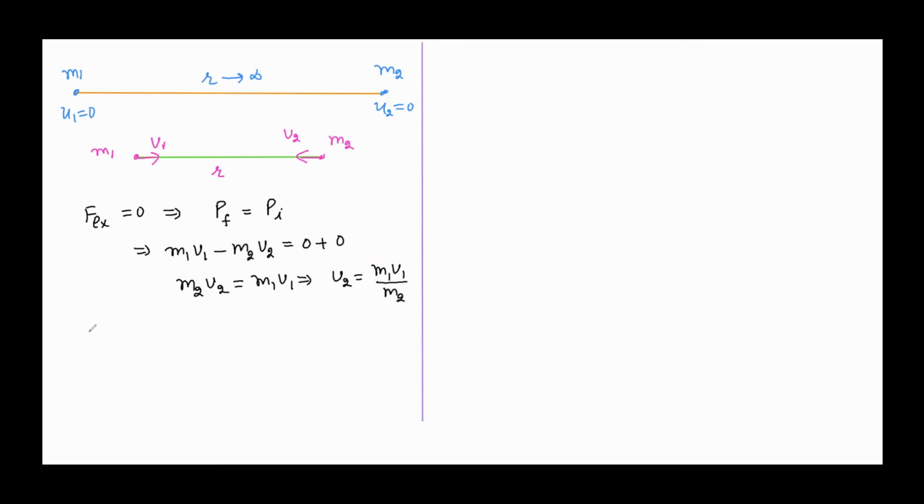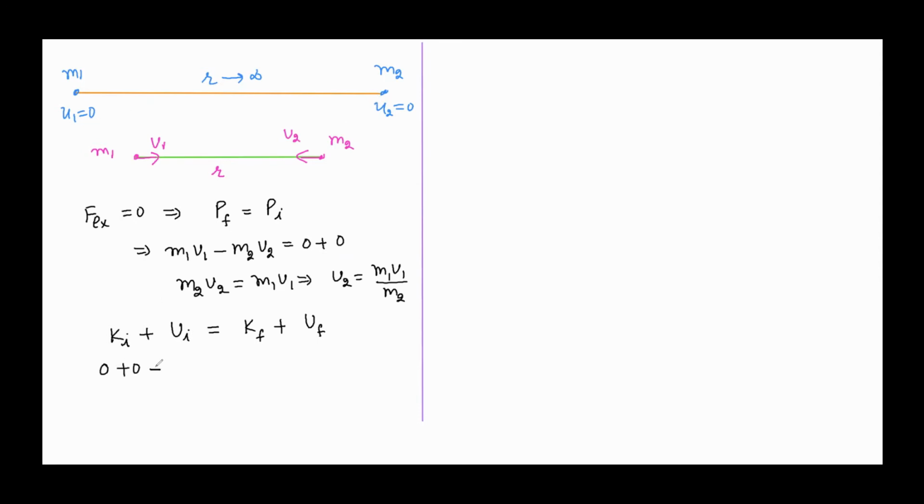If I consider the second point, now external forces are 0. I can use conservation of mechanical energy. Initial kinetic energy plus initial potential energy is equal to final kinetic energy plus final potential energy. Initially, both the masses are having zero velocities. Initial kinetic energy of both of them is zero.